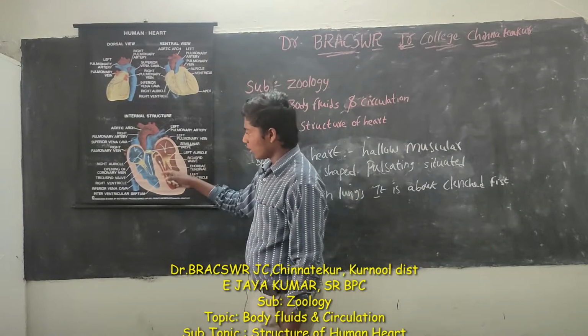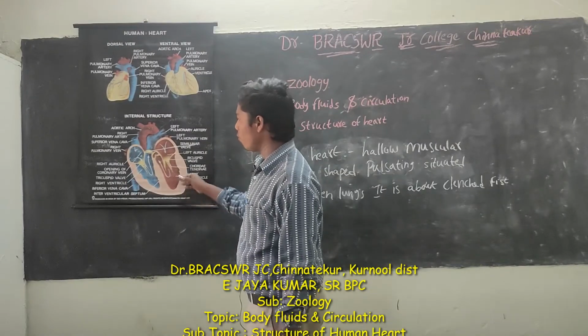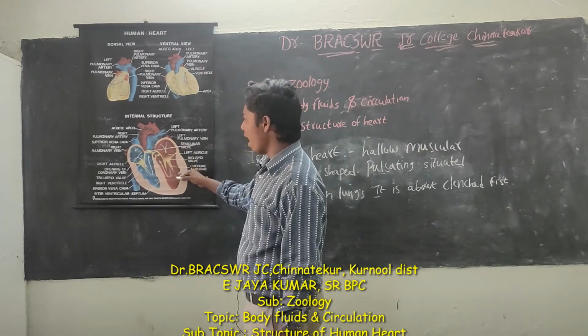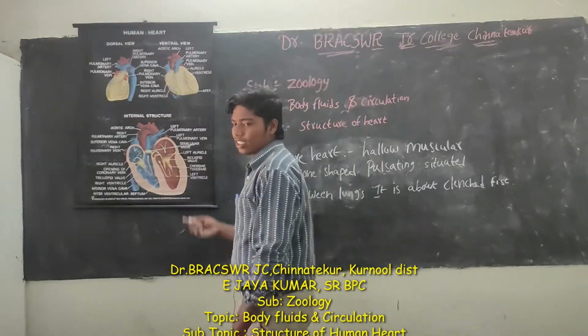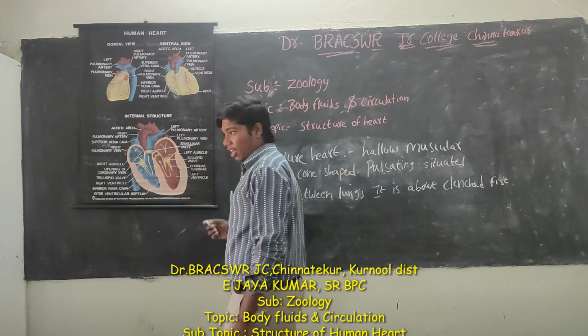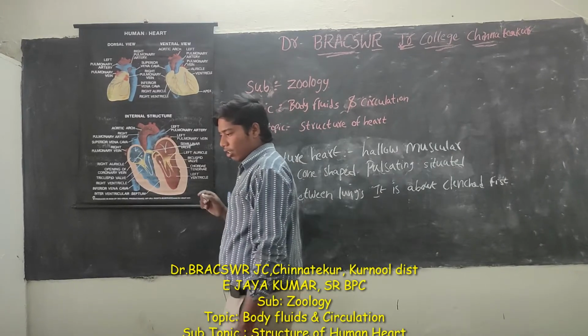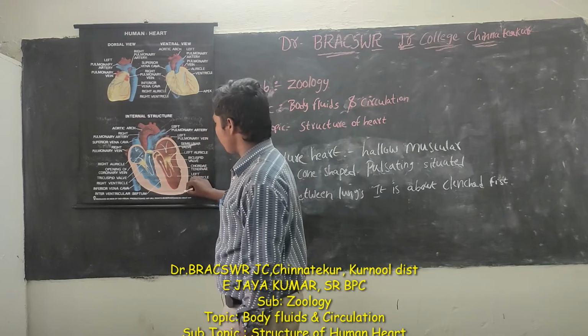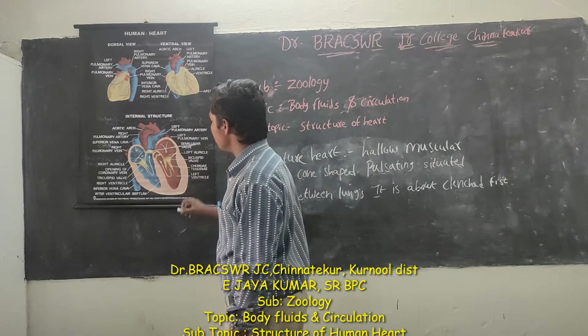This has four parts. One is the pericardium, two is the heart wall, three is the atria and four is the ventricles. The pericardium has a double wall: the outer is the fibrous pericardium and the inner is the serous pericardium.